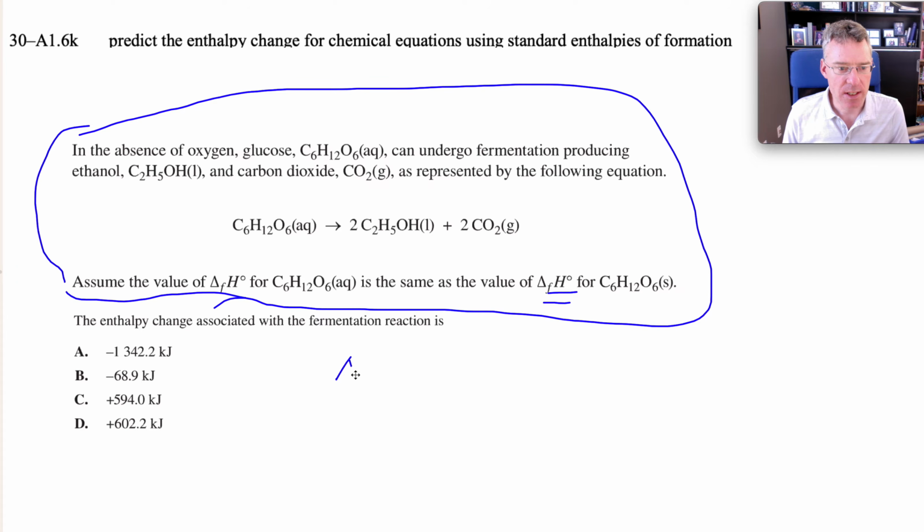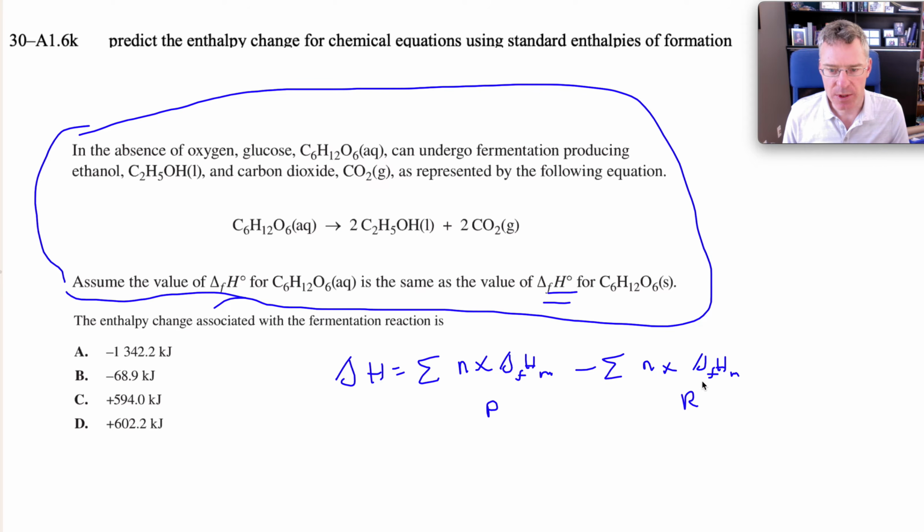So to predict the enthalpy change, you've got to sum up. I'm just using a sum symbol of the moles times the change in molar enthalpy of formation of the products. So 2 times CO2 plus 2 times ethanol, and you're going to subtract that from the moles times the formation value you look up in your booklet for the reactants.